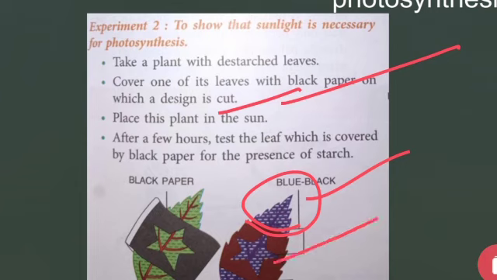But the place covered with black paper did not get sunlight, so it was not able to produce starch and turned brown in color. So this shows that sunlight is necessary for photosynthesis. In our next video, we'll be seeing the other experiments.